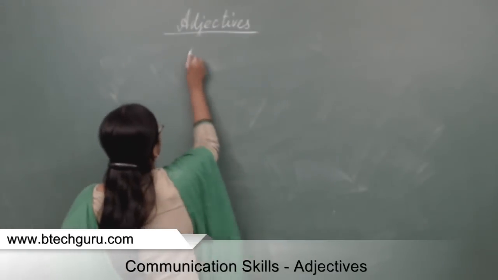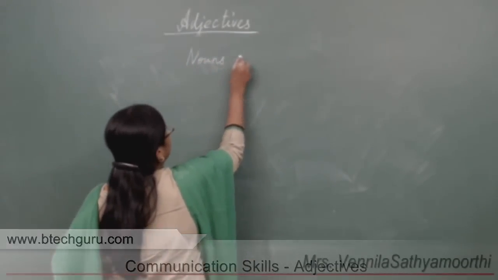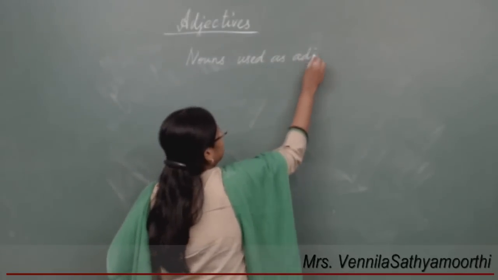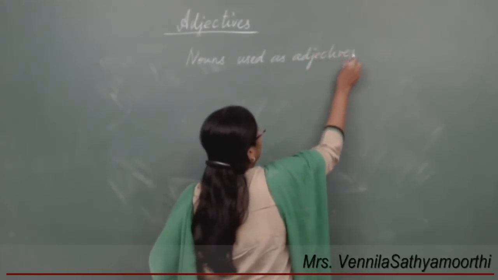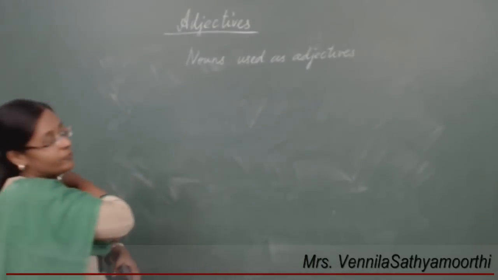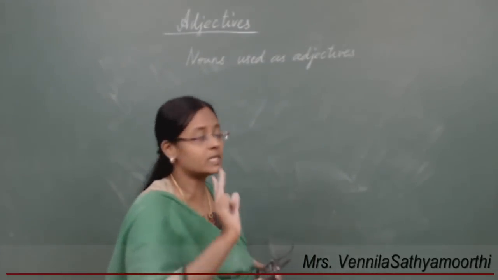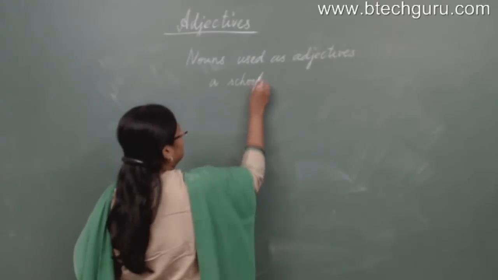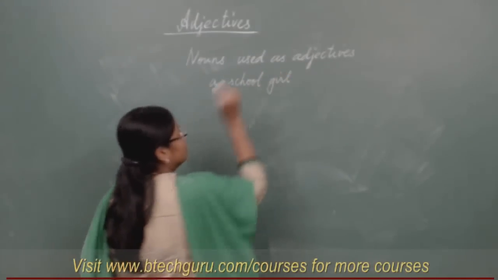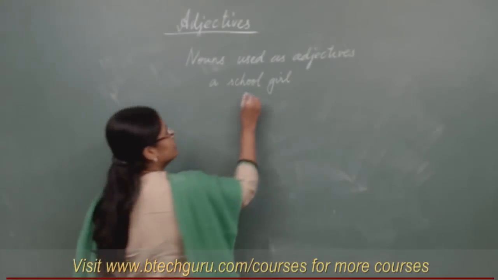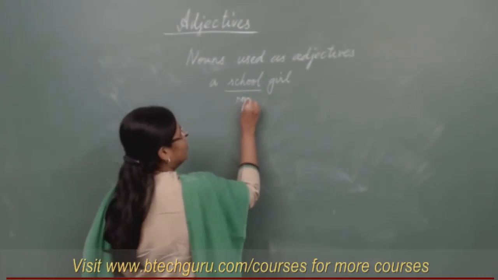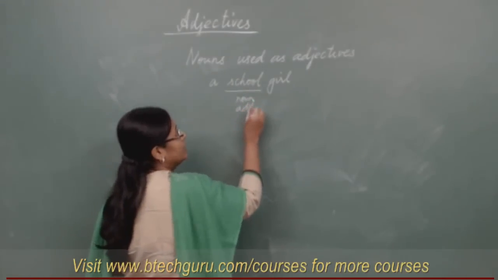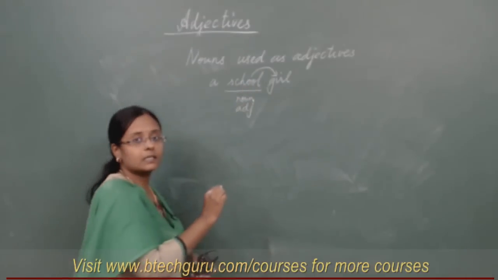And there are some nouns used as adjectives, nouns themselves. See here, this is different from nouns formed from adjectives or adjectives formed from nouns. The nouns themselves are used as adjectives. A schoolgirl. The school is a noun, but here it functions as an adjective. Why? Because it talks about the noun girl.